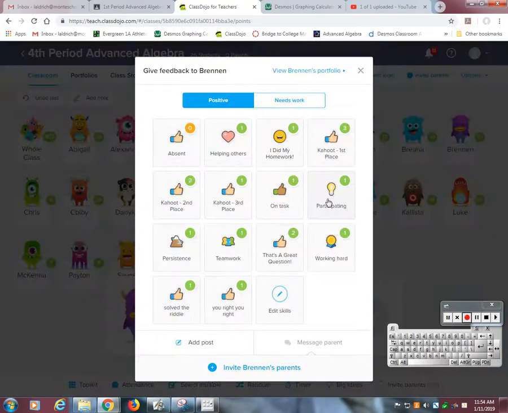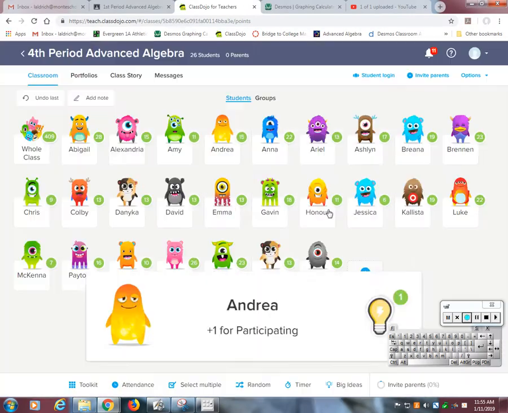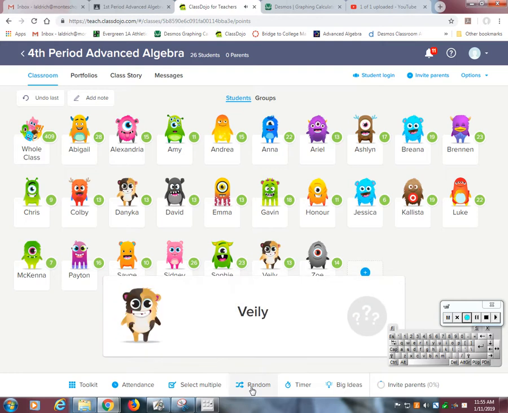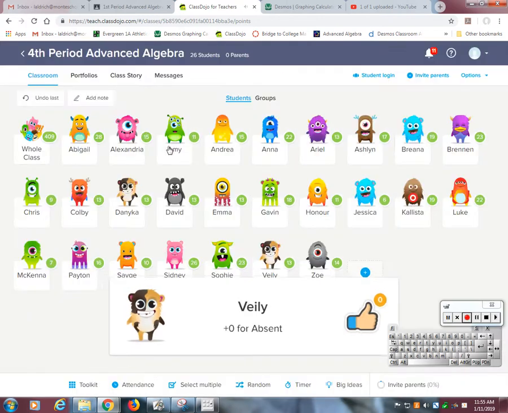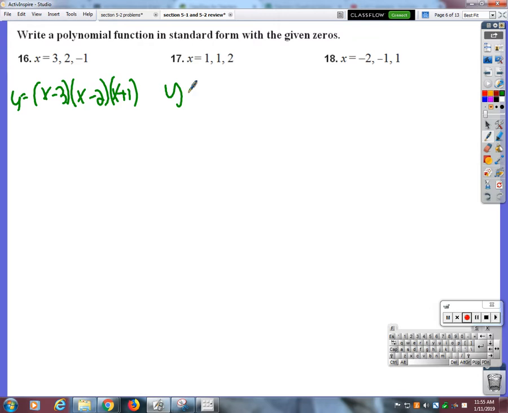Okay, these are easy. Andrea, can you write a polynomial in factored form with those? Good. Okay. Gavin. Callista, can you write a polynomial in factored form with those zeros?